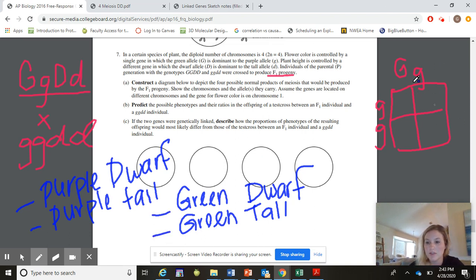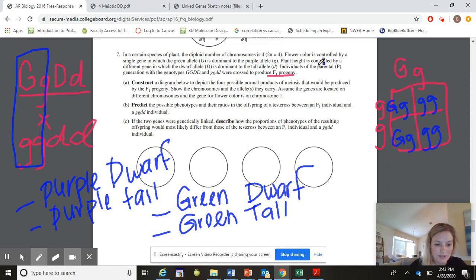So first thing I'm going to do is I'm going to cross my colors. So I picked the G's to cross because I don't want to do a giant cross. I'm just going to do each trait individually. And so I'm going to get this for my color. And then I'm also going to cross the height.